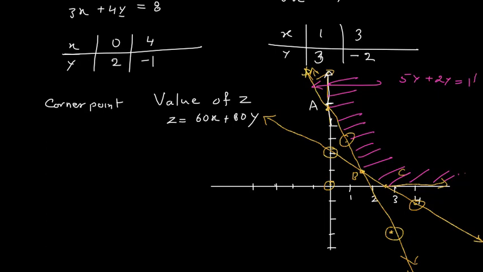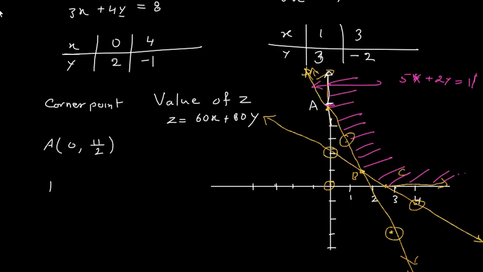When I put x as 0, I get y as 11 upon 2. So point A is (0, 11/2). So corner point A is x is 0, y is 11 upon 2.